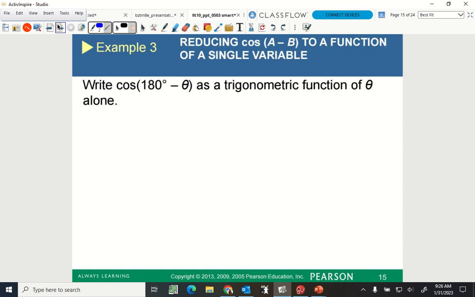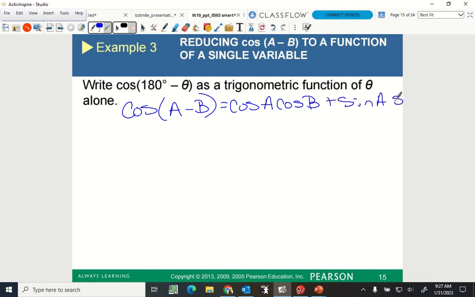So I'm going to rewrite this using that. Cosine of A minus B is equal to cosine of A times cosine of B plus sine of A sine of B. That is my identity. Now, in this case, what is my A value? 180.